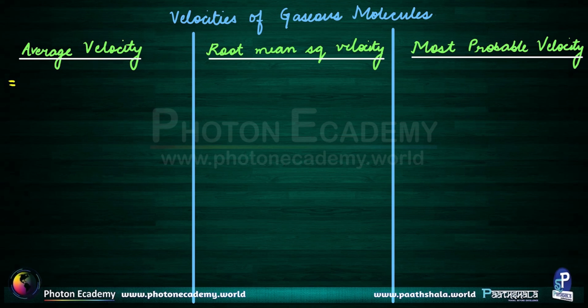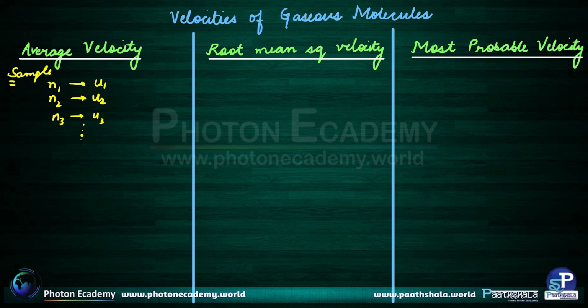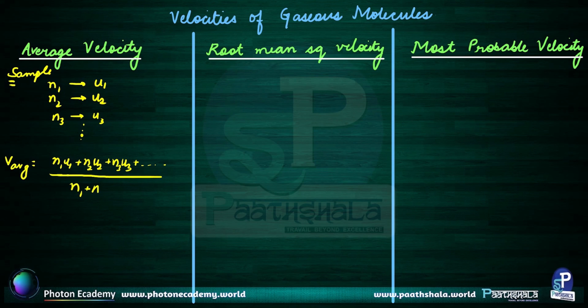Let's say in the sample we have n1 molecules with velocity u1, n2 molecules with velocity u2, n3 molecules with velocity u3 and so on. We know that there is random motion, so different numbers of molecules can have different velocities. So the average velocity, let's write it as V average, is defined as n1 u1 plus n2 u2 plus n3 u3 and so on, divided by n1 plus n2 plus n3 and so on.